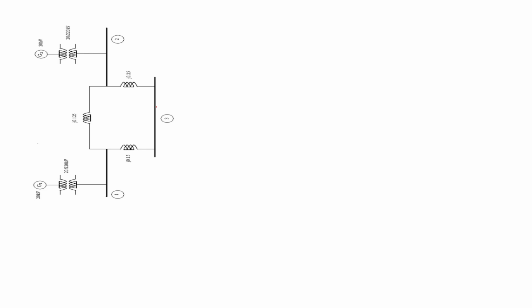So here the fault has occurred. First we need to draw the positive sequence diagram of each component, that is, for the generator, transformer, transmission line, as well as this transformer and this generator. The positive sequence network for a generator is like this.